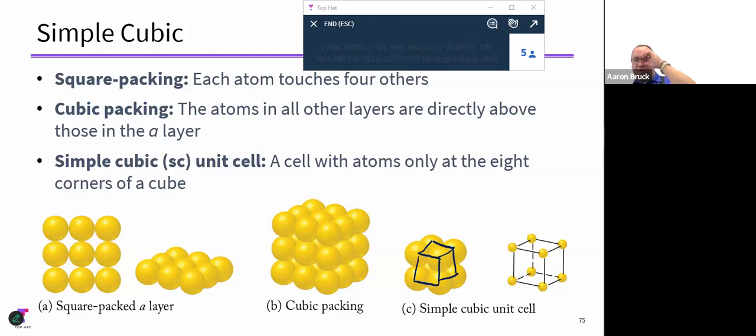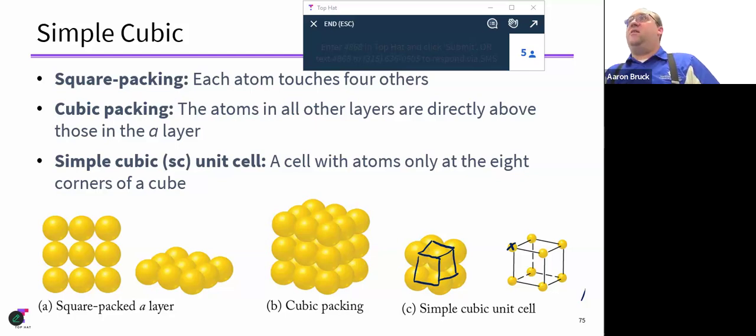Now, one thing that we will talk about, especially tomorrow, is the idea that the unit cell itself kind of overlays on top of other unit cells. And so if I'm looking at this atom right here on the top left corner, I need to understand that that atom is being shared by a total of 8 different unit cells.